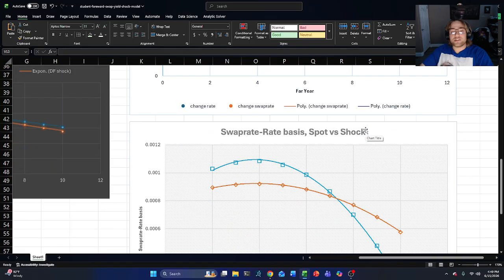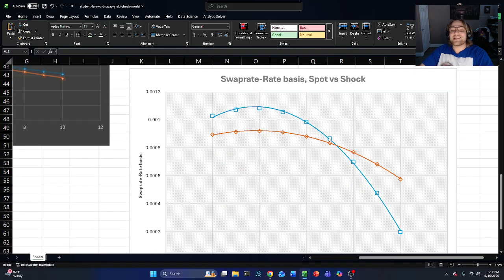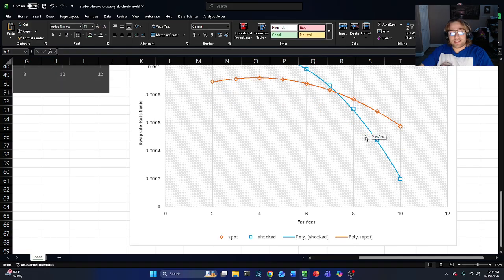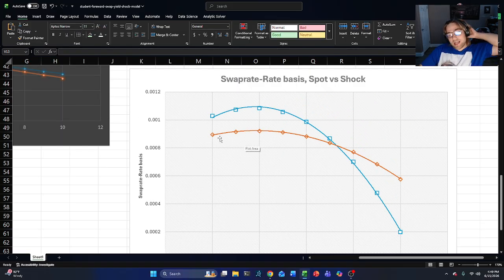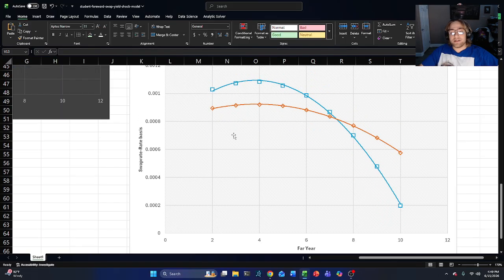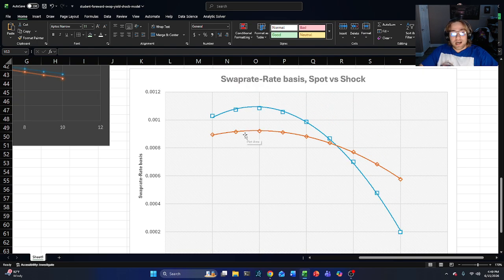And this one shows the swap rate minus rate basis of the spot curve versus the shocked after a bear steepener curve. So this is in orange are spot curves. So with that kind of forwarded normal looking curve, this is how it looks. But after a bear steepener, you see year 7's that important example.